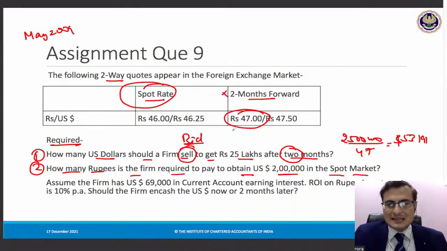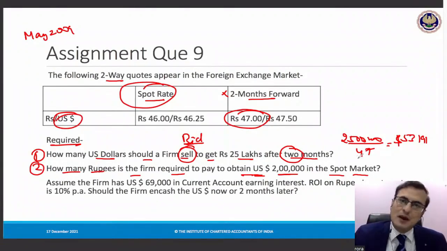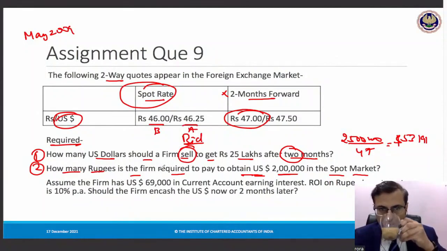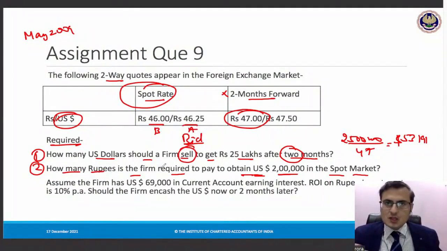Now the base currency is US dollars and the base currency is also US dollars. So now we will not require to divide, we'll have to multiply. And what rate are we supposed to take? This bid rate or this ask rate? So beta, here we are obtaining, okay?